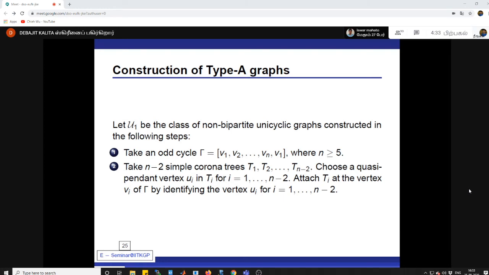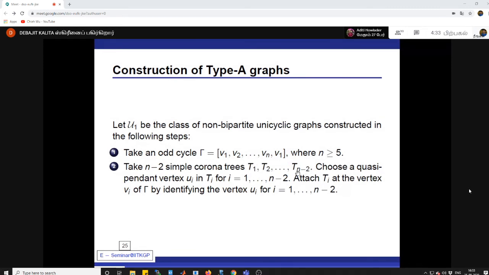Take an odd cycle of length n, where n is greater than or equal to 5. Then we take n minus 2 simple corona trees. Simple corona trees means a corona, the simple corona, which is 3.